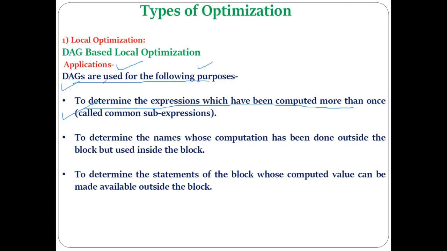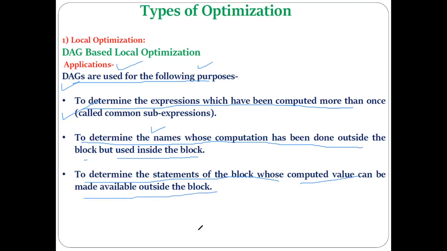Then, to determine the names whose computation has been done outside the block but used inside the block, there is utilization of DAG, as well as to determine the statements of the block whose computed value can be made available outside the block.